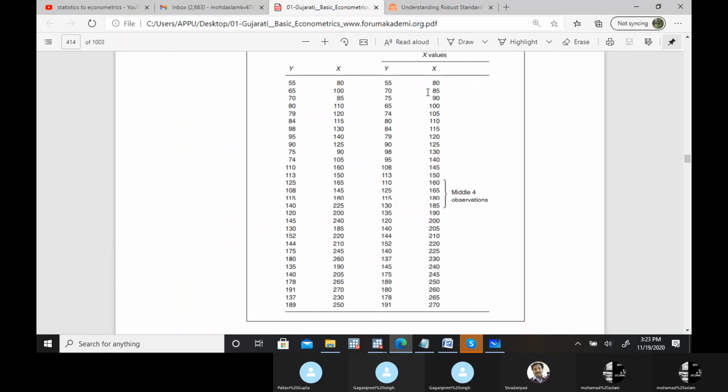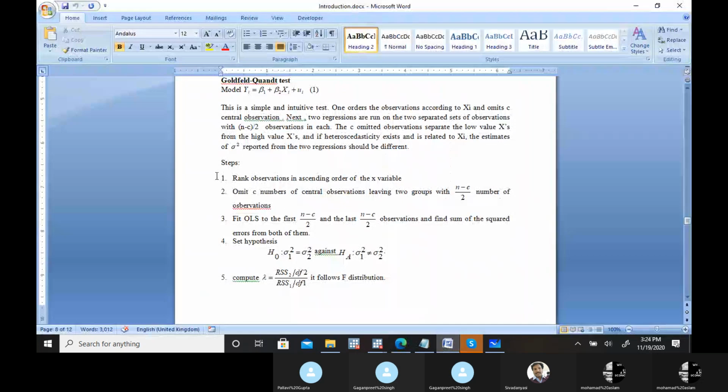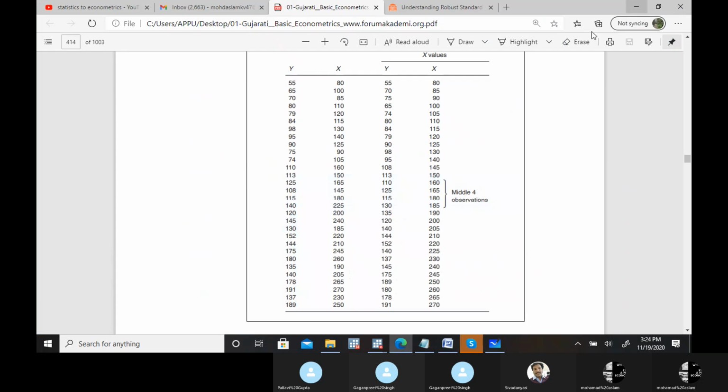But again, this is problematic. In the assignment I was doing, I have not applied this test because of two limitations. First, how many observations? Let's suppose I have 2 lakh observations. How many central observations do I have to omit? The second thing is, if I have more than one independent variable, according to which independent variable do I have to arrange in ascending order?